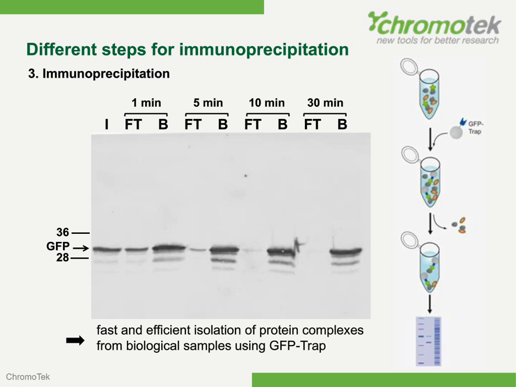And as you see, after 10 minutes, only a minor band is visible in the flow-through lane. And after 30 minutes, all GFP was immunoprecipitated from the lysate, showing that the GFP-trap is not only very specific, but it is also very fast and efficient for the isolation of your GFP-fusion proteins.